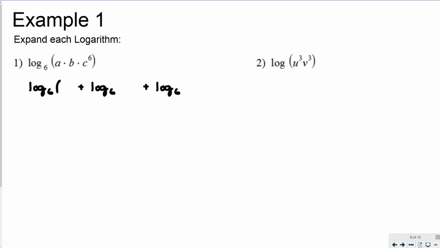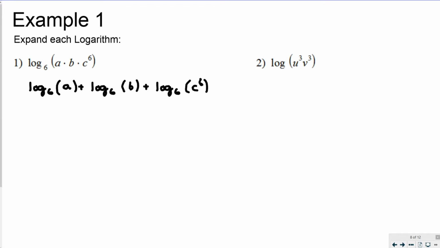And then I've got 3 different arguments to add here. So the first is going to be the log base 6 of A plus the log base 6 of B plus the log base 6 of C to the 6th power.